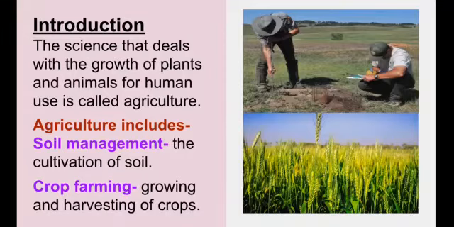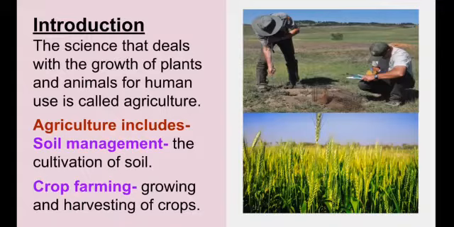Agriculture deals with animals as well as crops. Usually you think that agriculture is only for plants. No, that is not correct. It involves two things: growing crops and nurturing animals.